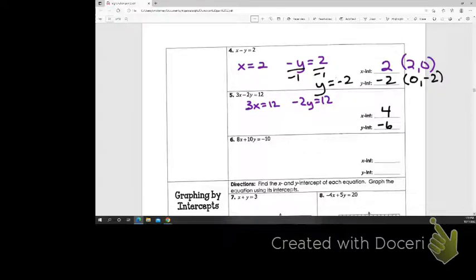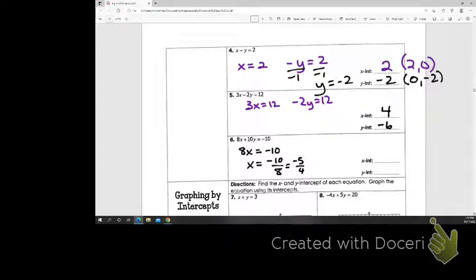Now, if you have something like number 6, here, if I divide both sides by 8, this is not pretty. I would not want to make a graph and have to estimate where -5/4 or -1.25 is.